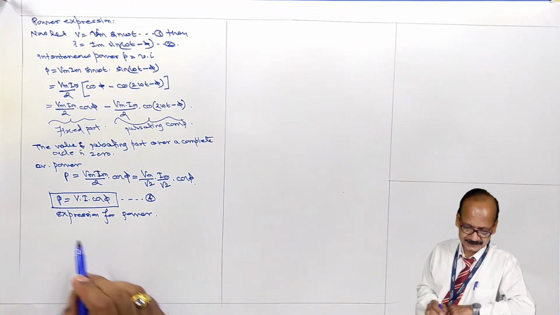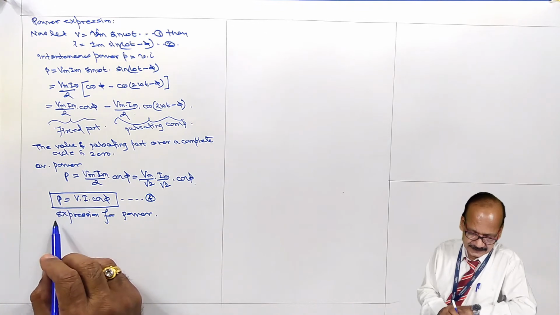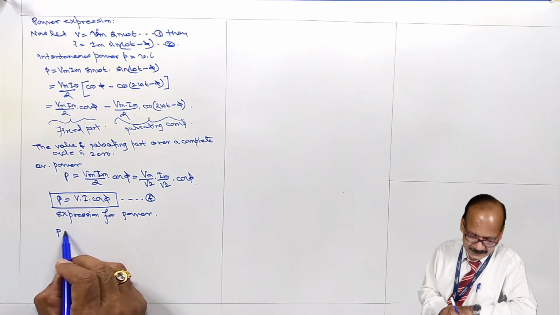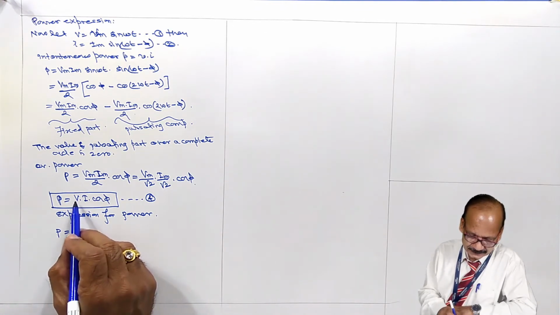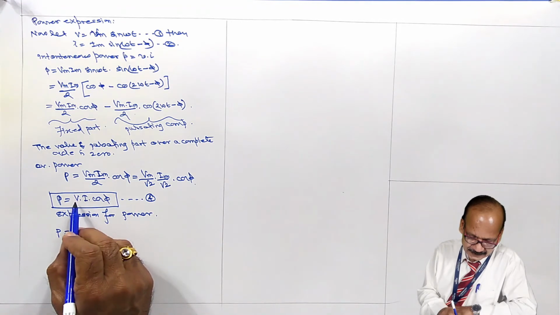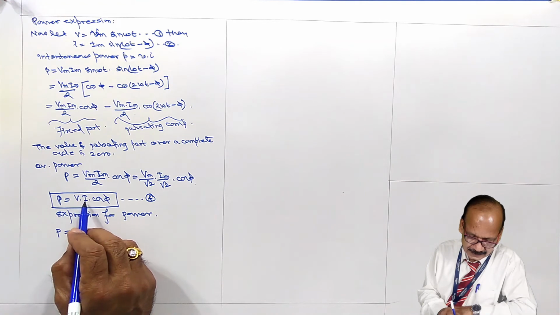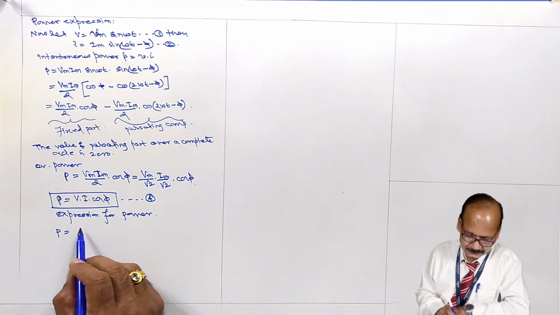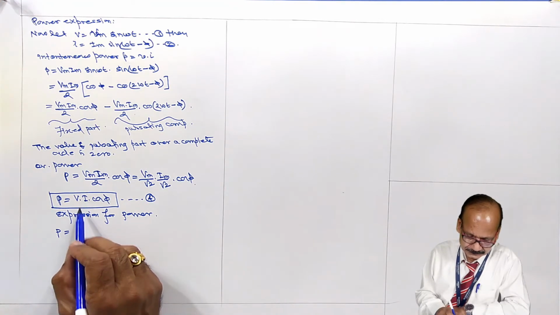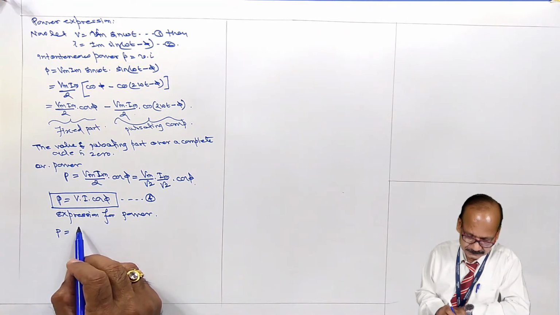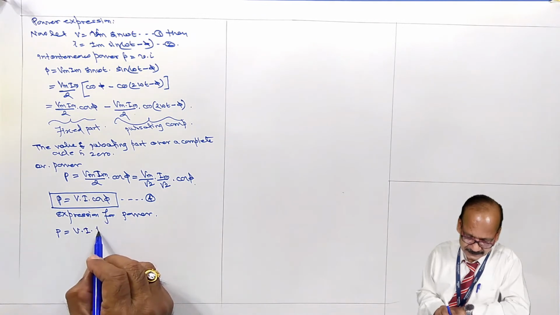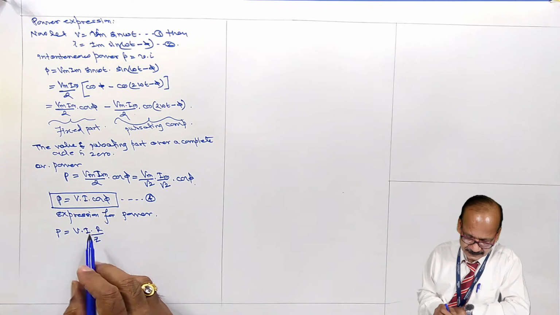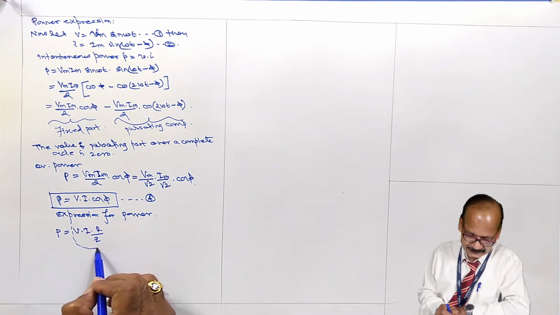This expression, if you consider carefully, P equal to V I cos phi, we can write this as I equal to V I, and cos phi is R upon Z. So what is this one?